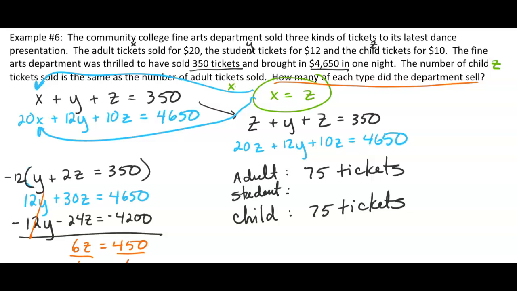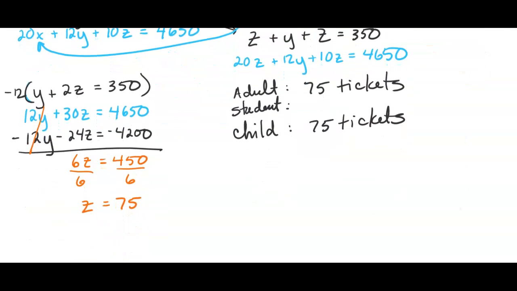And we're going to use one of those equations that had Y and Z in it. Now, I would pick the one with the smaller numbers. So see this equation right here? I'm going to use that one. So Y plus 2Z equals 350. You could use any of the equations because you have the information to do that. We're just looking for Y. But Z was 75, right?